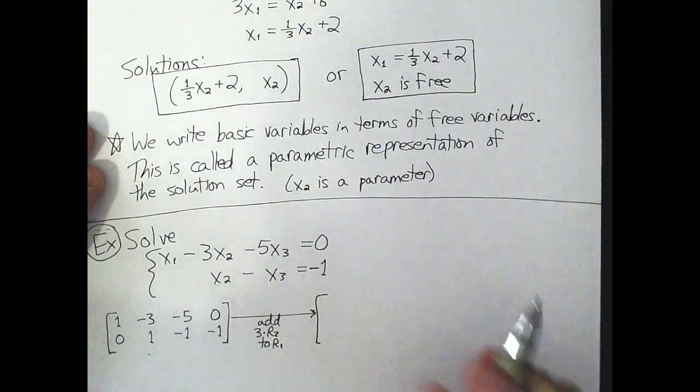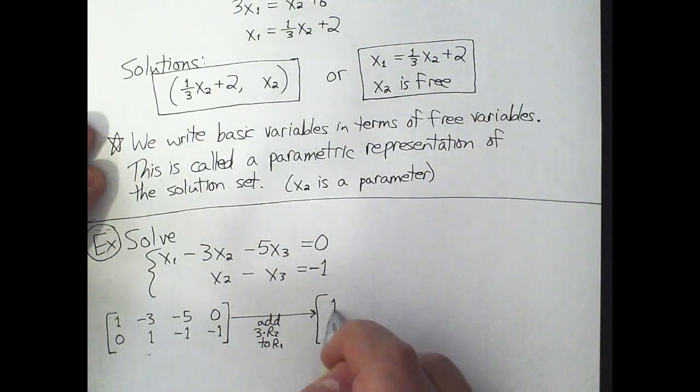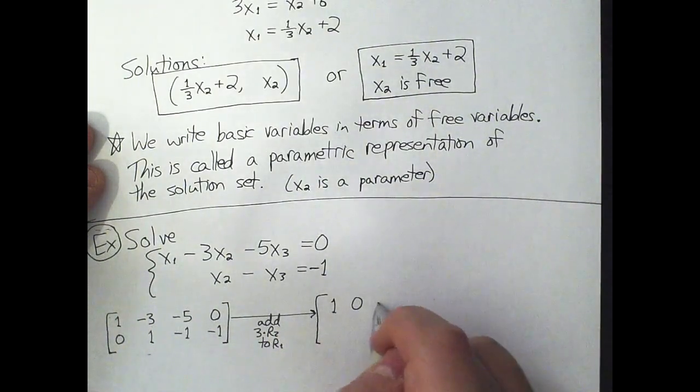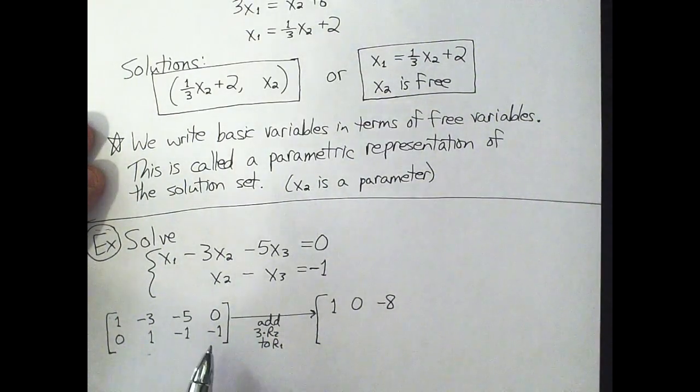Because reduced row echelon form is going to be about as simple as we can make this, and then we'll talk about the solutions. Let's see. -3 gets added to -5 to get -8. And -3 gets added to 0 to get -3.